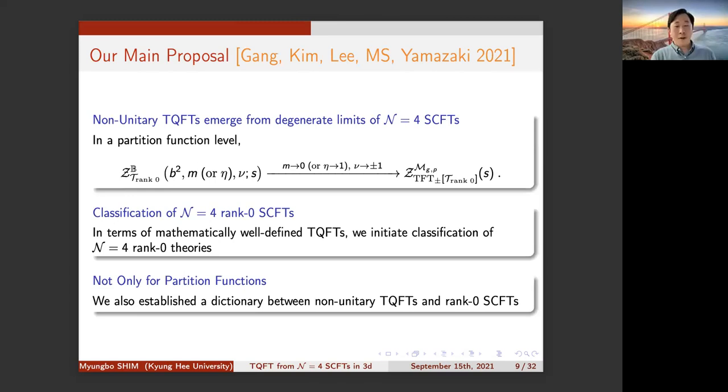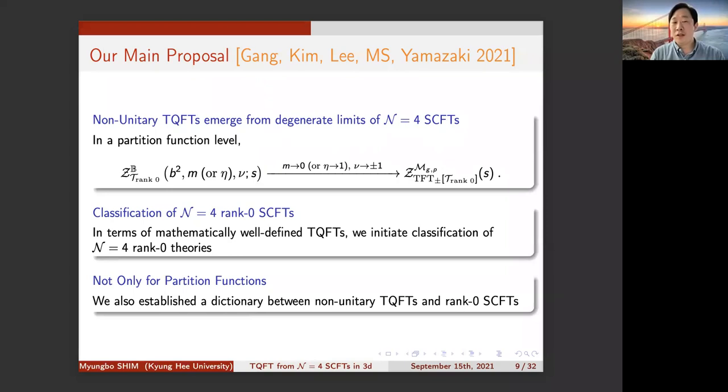And we defined the general limits of superconformal field theory. So we are now prepared to introduce our main proposal. First of all, non-unitary TQFTs emerge from N=4 superconformal field theory in the degenerate limit.